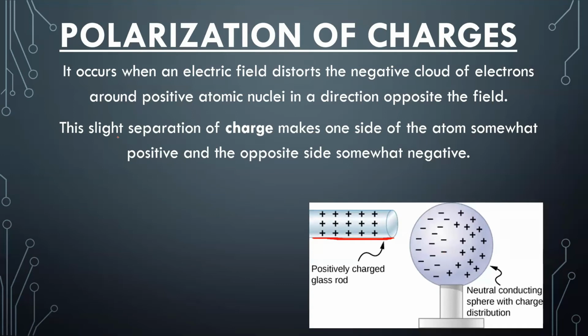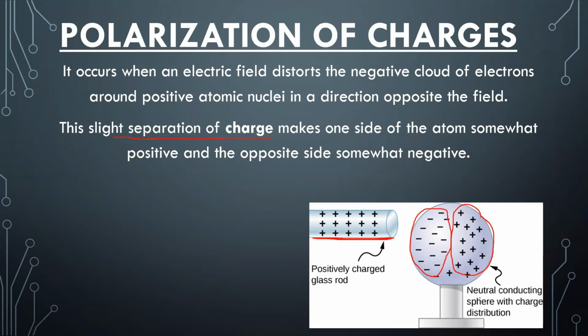That is why it creates a slight separation of charge, which makes one side positive and the other side negative. The positively charged particles are being repelled by the positively charged glass rod, and the negatively charged particles are being attracted by it. So that is the polarization of charges.